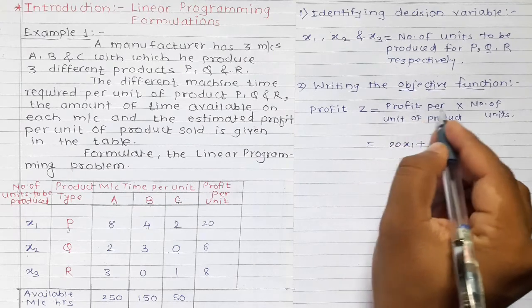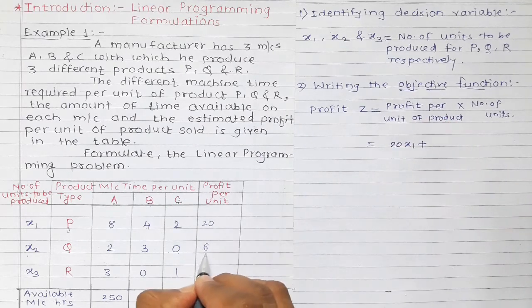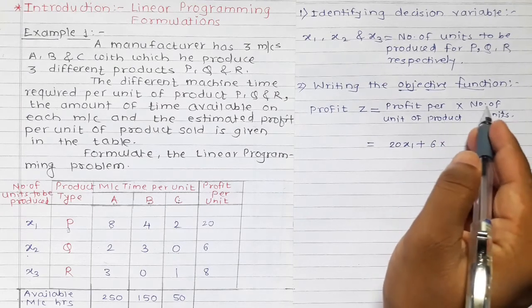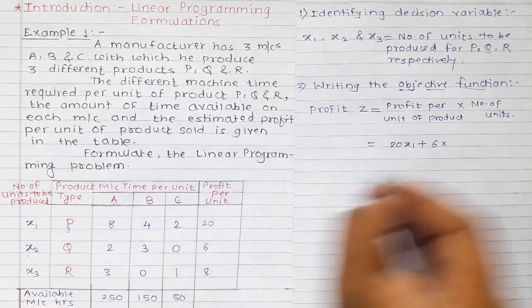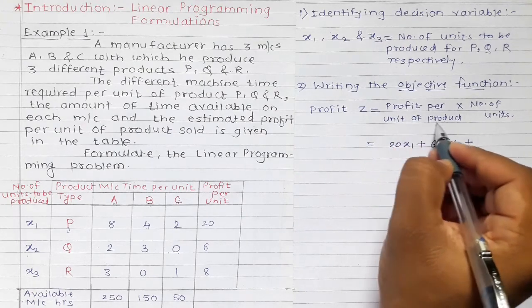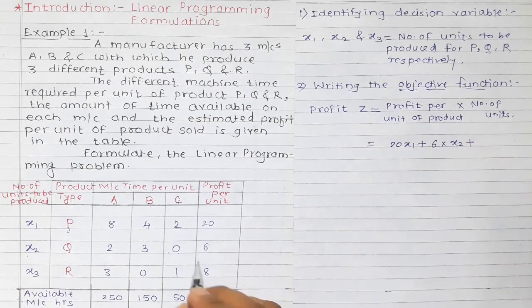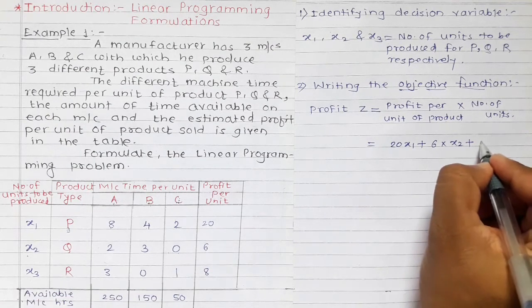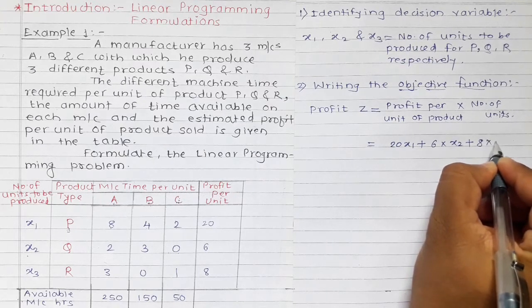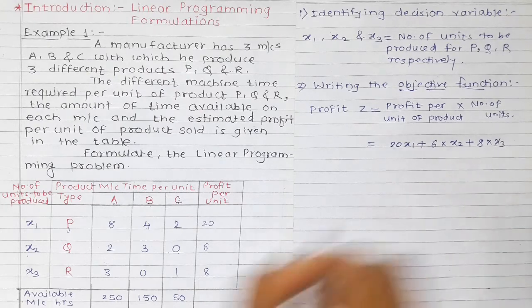Similarly, profit per unit of product Q is 6 and number of units of product Q are X2, plus profit per unit of product R is 8 rupees and total units are X3.